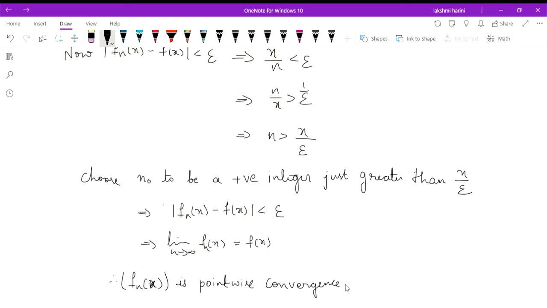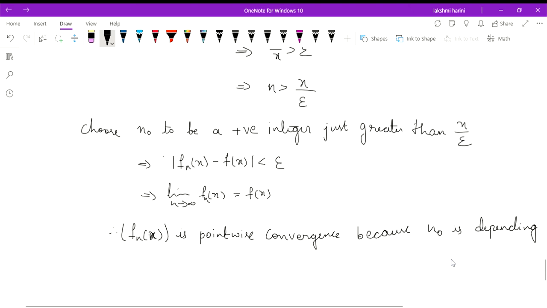It is pointwise convergent because n naught is depending on epsilon and x. Okay, since our n naught is, what is our n naught value? X by epsilon. Our n naught value is x by epsilon. That means it is depending on x as well as epsilon. Therefore, it is pointwise convergent.